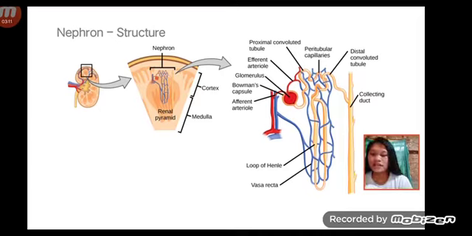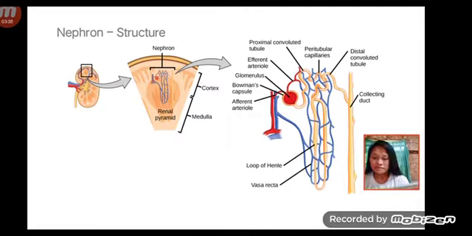Then the distal convoluted tubule, a short nephron segment interposed between the macula densa and collecting duct. Even though it is short, it plays a key role in regulating extracellular fluid volume and electrolyte homeostasis. And then the collecting duct funnels urine from the kidney through the ureter to the bladder.